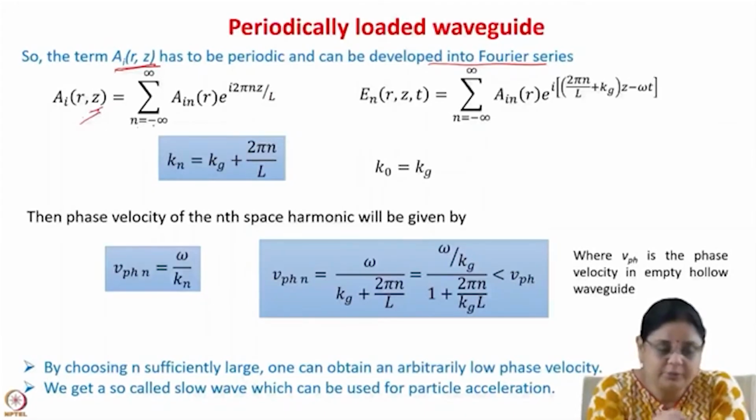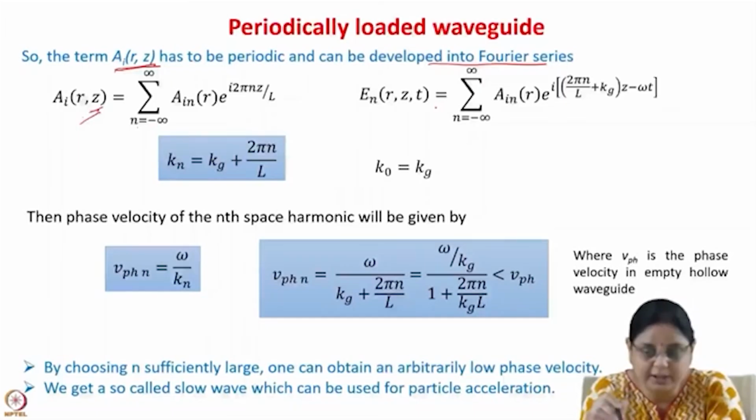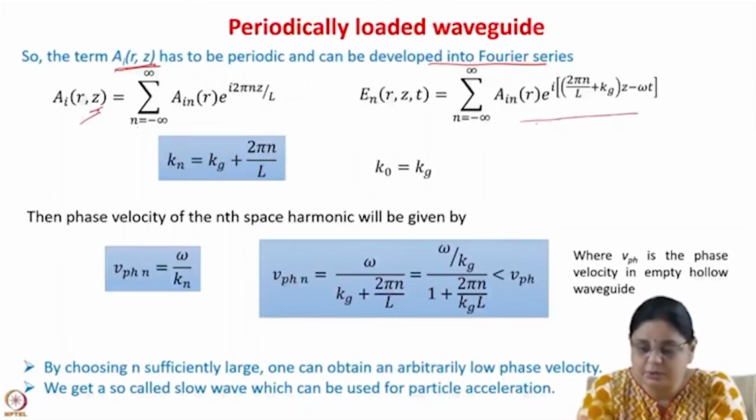Okay, and if you substitute this in the expression for the electric field, this is what you get. Here n takes values from minus infinity to infinity, so n is an integer. Now you see that this wave has n space harmonics, since n can take different integral values.